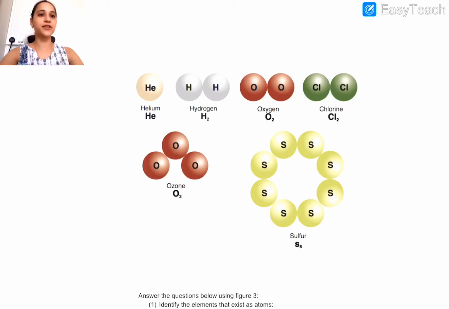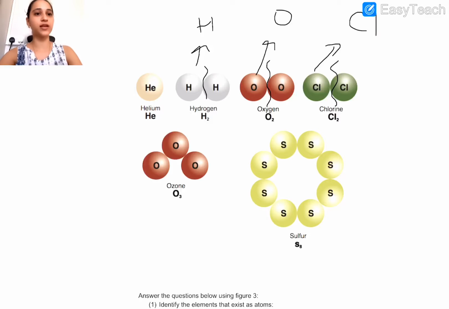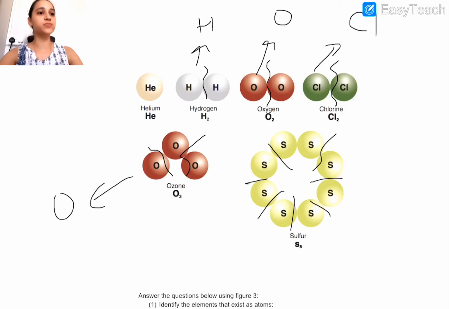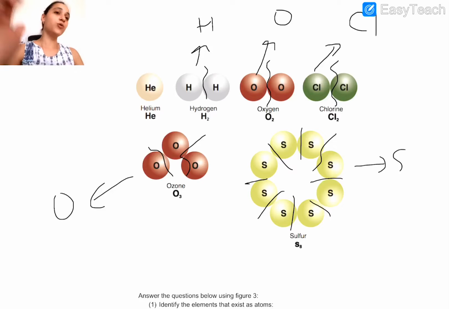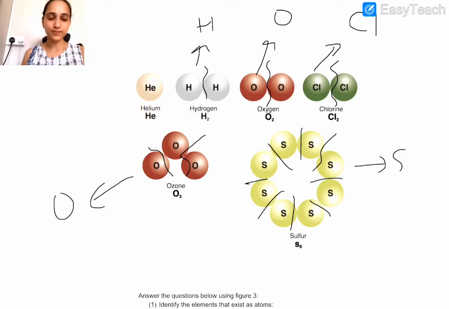If you break down hydrogen, you will still get hydrogen. Oxygen, you break it down, you still get oxygen. Chlorine, you still get chlorine. Ozone, you break it down, you still get oxygen. And sulfur, you break down all the bonds between them, you still get sulfur. So they are all elements.